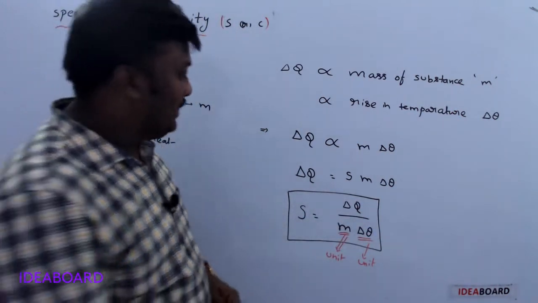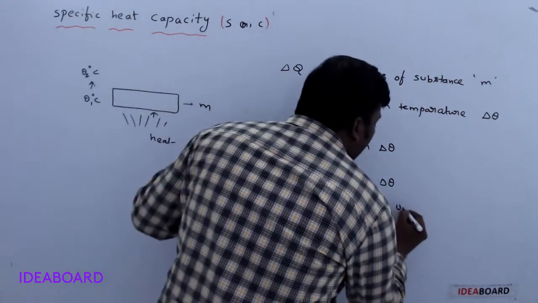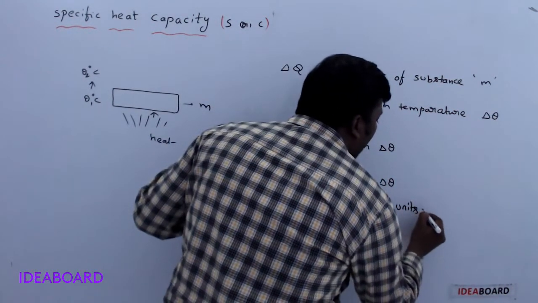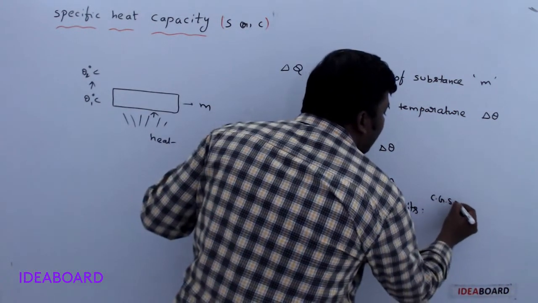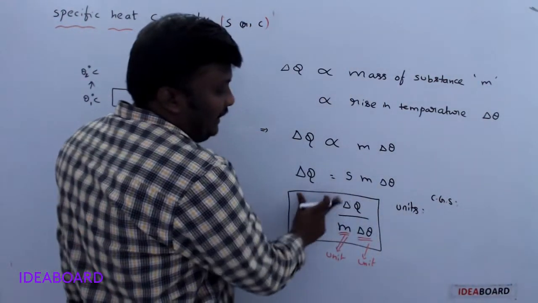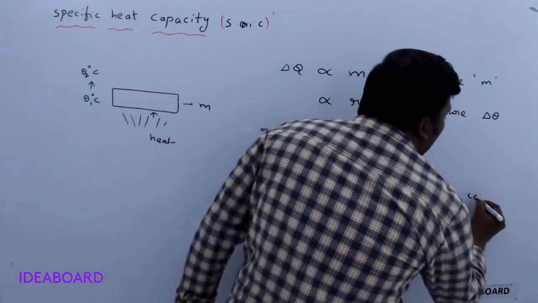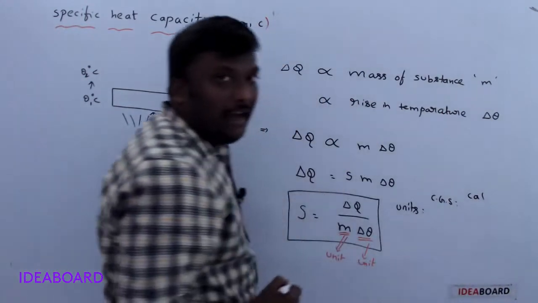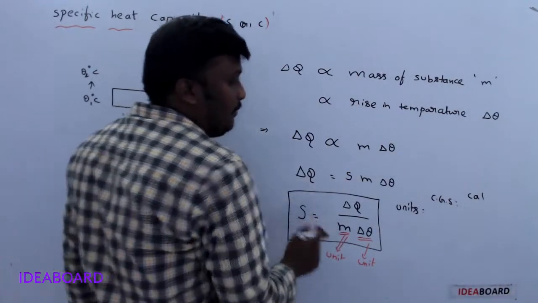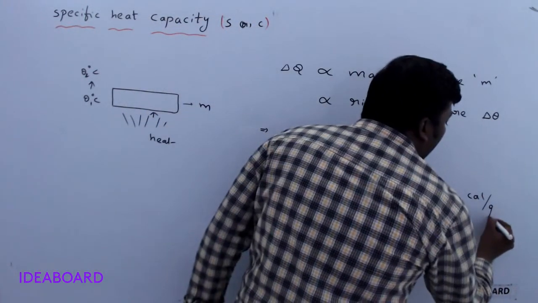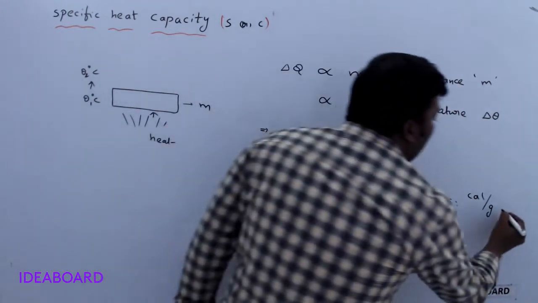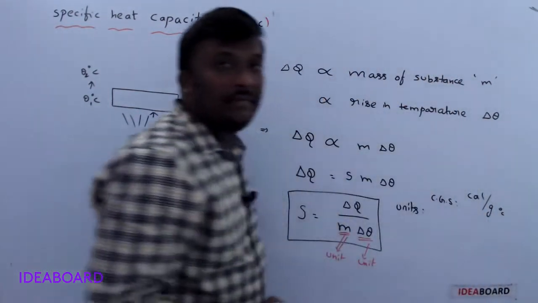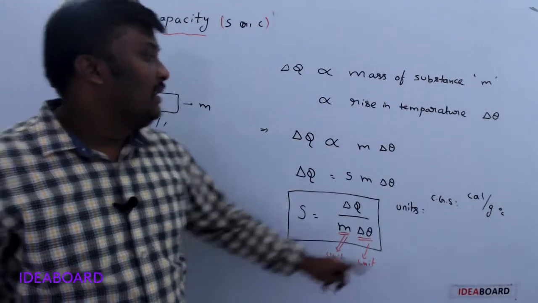So what are the units of S? First of all, see the CGS units. The unit of heat is calorie in CGS, mass is gram, temperature is degree Celsius. So what are the units for S?